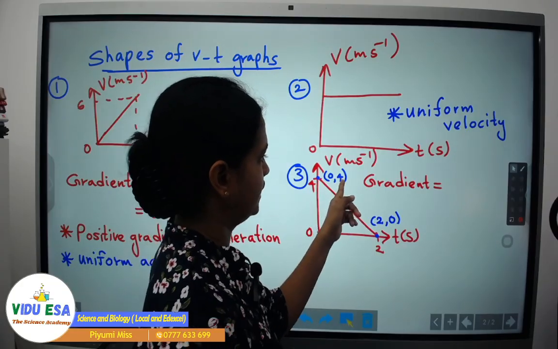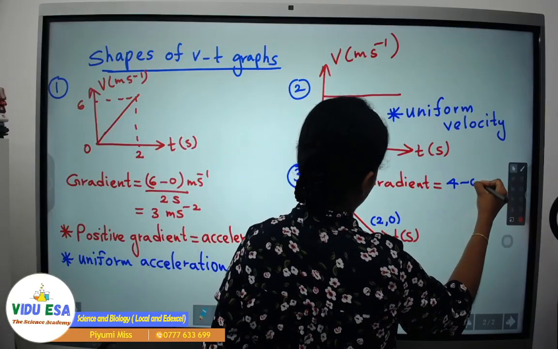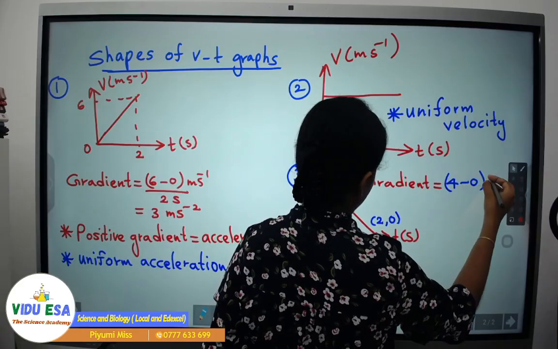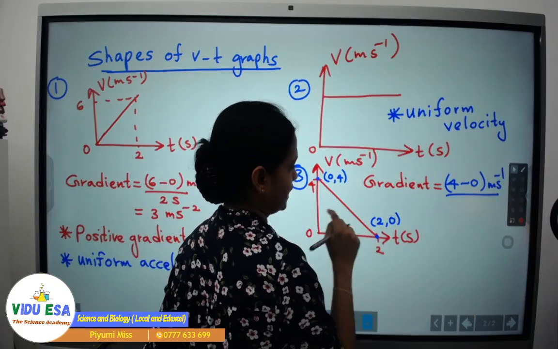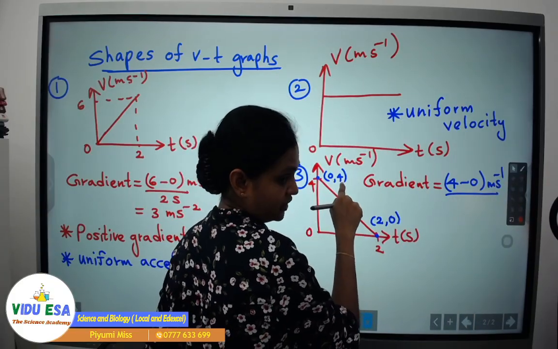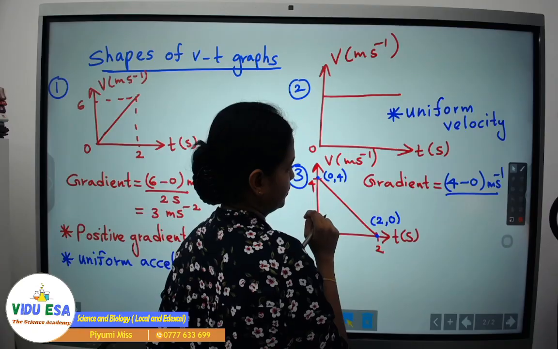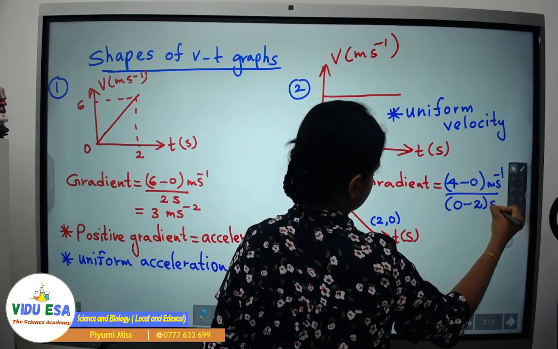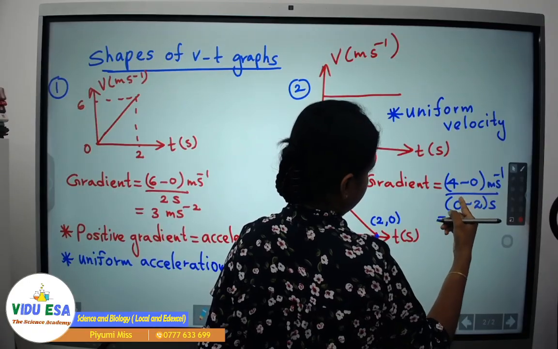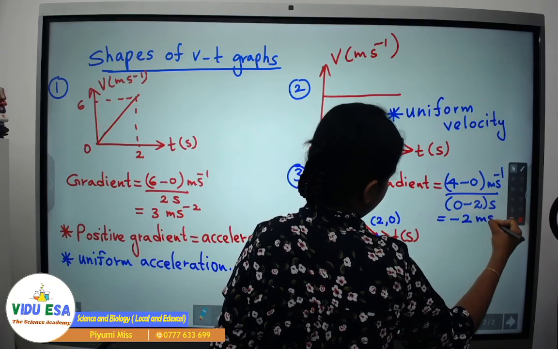So the difference in y coordinates is 4 minus 0, right, ms minus 1, divided by the difference in x coordinates. We took 4 first, so the relevant x coordinate is 0. Then it is 0 minus 2 seconds. Right? So 4 divided by minus 2, it is minus 2 ms minus 2.